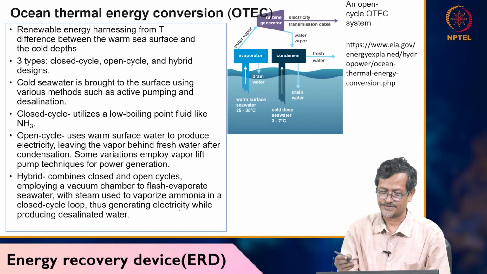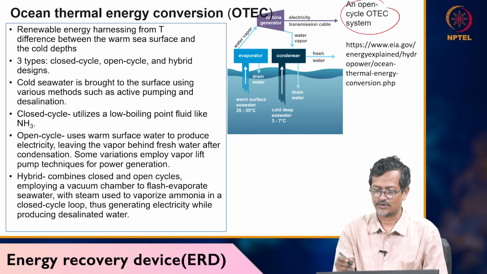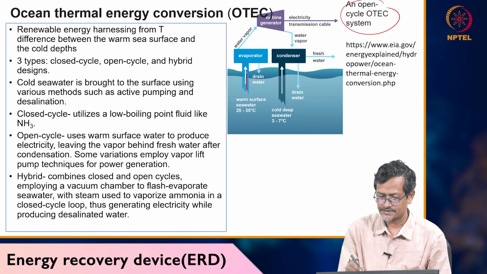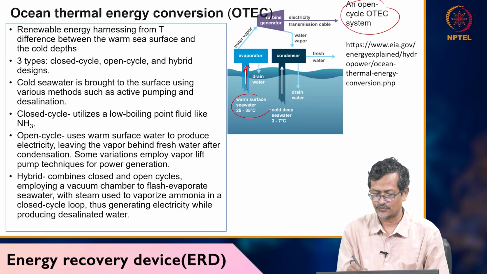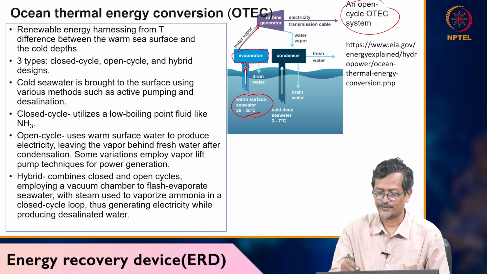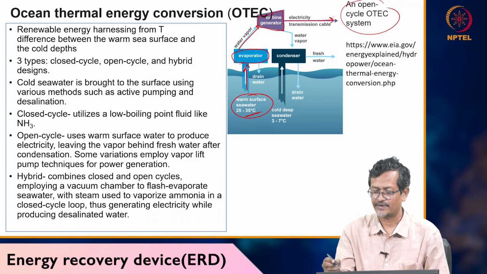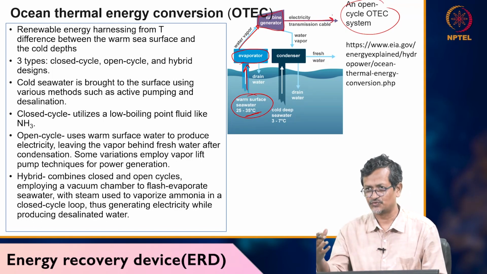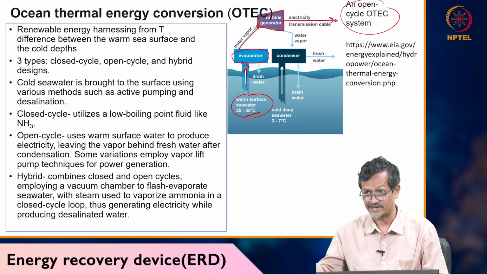Let us say it is an open cycle. What will you do? You take this warm surface water at 25 to 30 degrees centigrade, and it goes to low pressure evaporation. The water vapor goes through a turbine, and the turbine gives electricity. That electricity you use for running the pump for your desalination system.